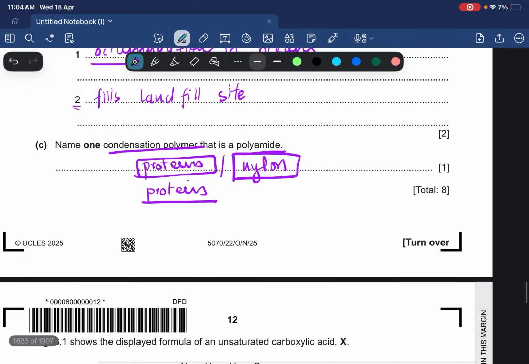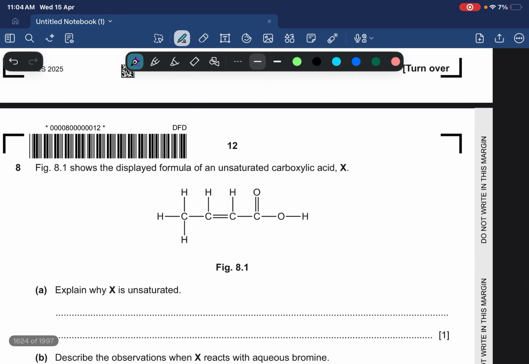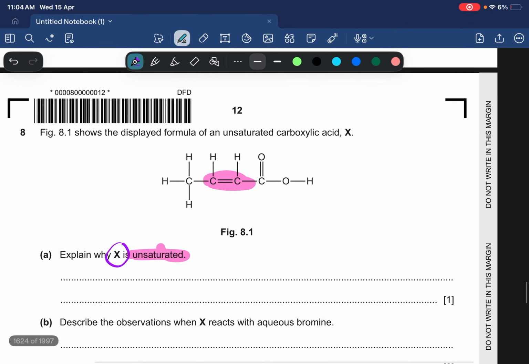Proteins are natural. Figure 8.1 shows the displayed formula of unsaturated carboxylic acid X. Explain why X is unsaturated. Unsaturation means there is a carbon-carbon double bond. Got it? So explain why X is unsaturated. There's a carbon-carbon double bond. This is unsaturation.